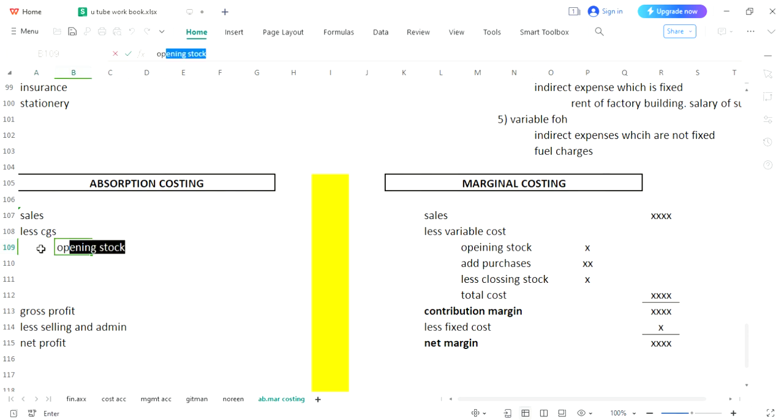For that, you need opening stock, then you add purchases, then you subtract your closing stock, and after that you get your total cost of goods sold. Same as what you have done over here. This was your total cost, and in a similar way, when you subtract your closing stock, you get your CGS or total cost. Here you will call it CGS.